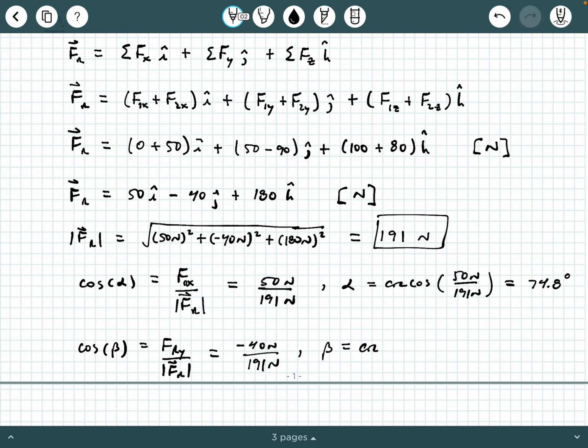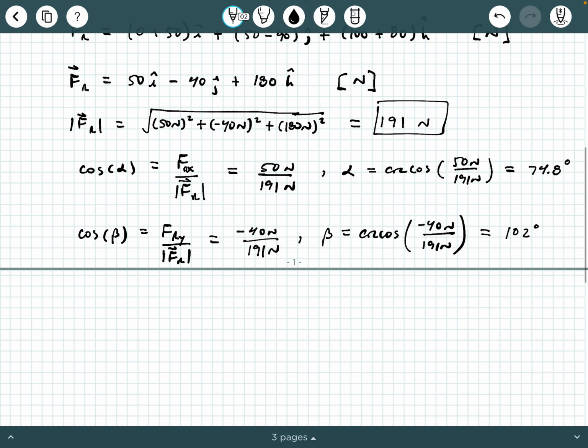Beta is the arc cosine of negative 40 newtons over 191 newtons. Now, we need to keep that negative there. Keep that negative in the arc cosine operation and make sure that negative is included in your calculator calculation. And so when you crank this through, including that negative, you'll get 102 degrees.